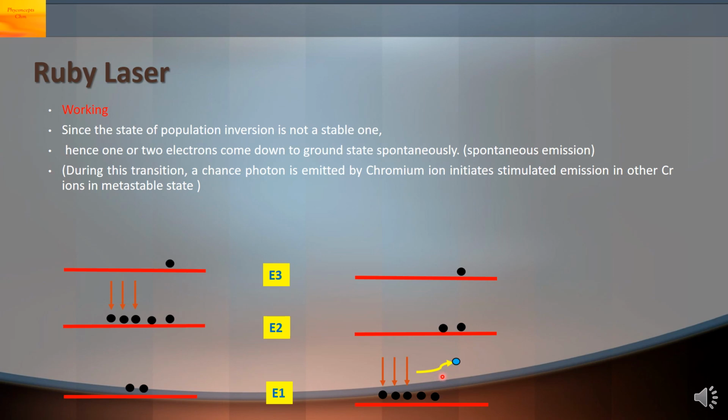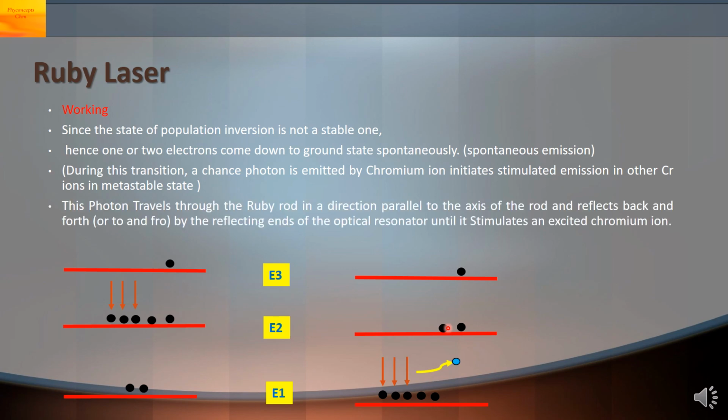So a chance photon is emitted by the chromium ion. It will later on initiate stimulated emission in the other chromium ions in the metastable state. So this photon will stimulate the chromium ions present in the metastable state, and so the process of stimulated emission will take place, which will again lead to the emission of photons.